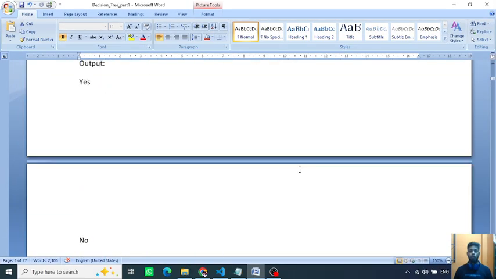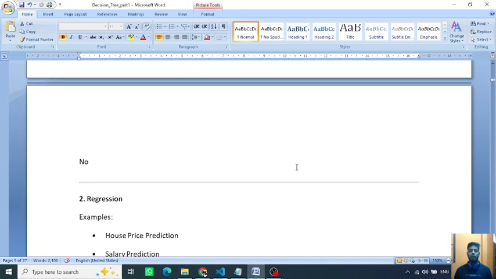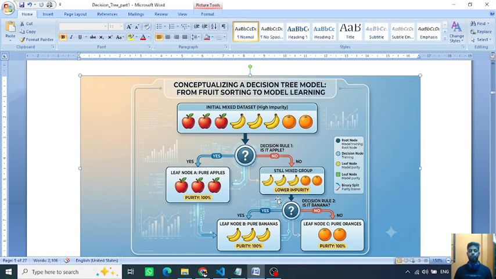Now I'll show you one image so that you can understand the data splitting part. Suppose there is an initial node like this. You can think of a basket of fruits where different types of fruits are present, right?